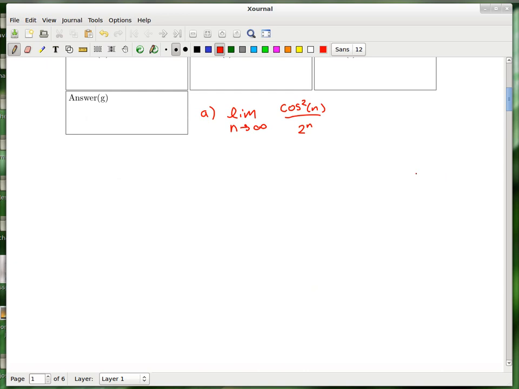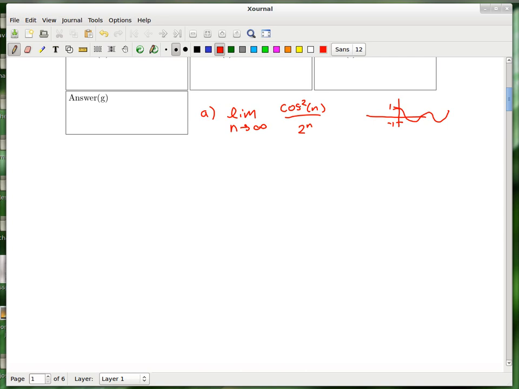Let's think about this for a second. What's happening as n gets big in this fraction? You know that cosine just bounces between -1 and 1. Let me show you the picture to recharge your memory. It bounces up and down between -1 and +1.